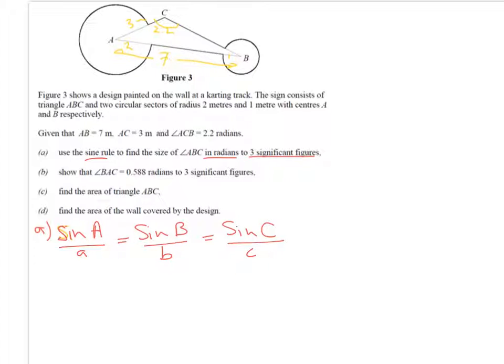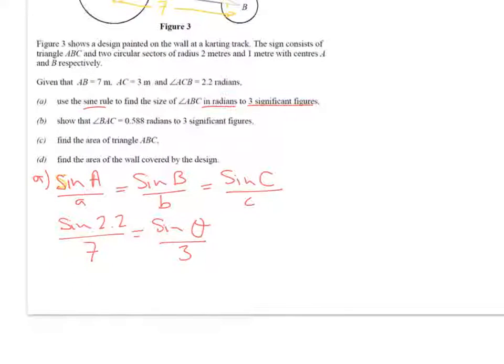So, what do we have here? Well, we then have sine of 2.2 over 7, and that must equal sine of theta over 3.